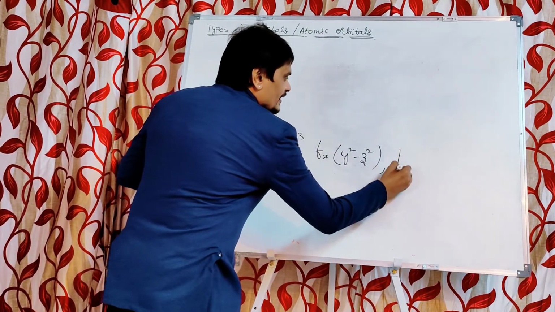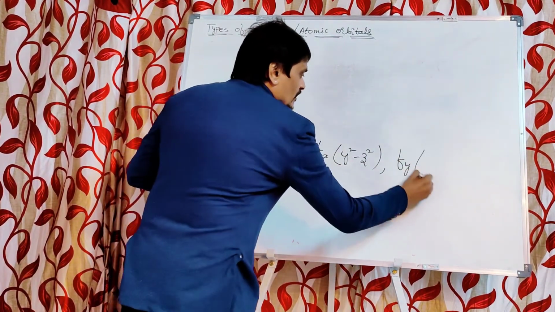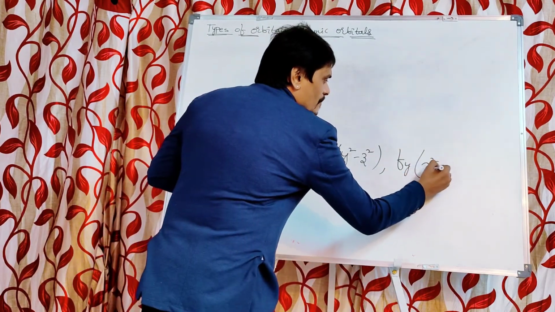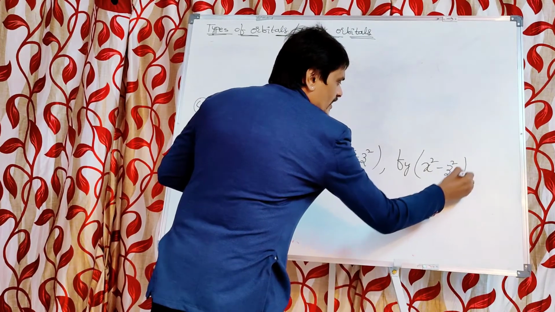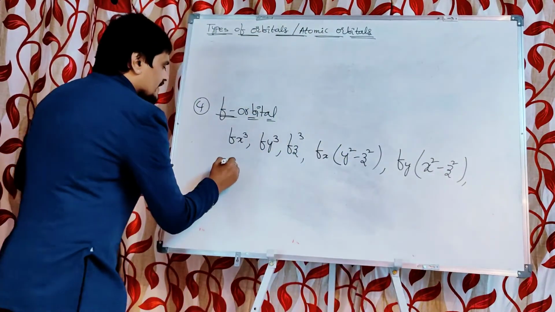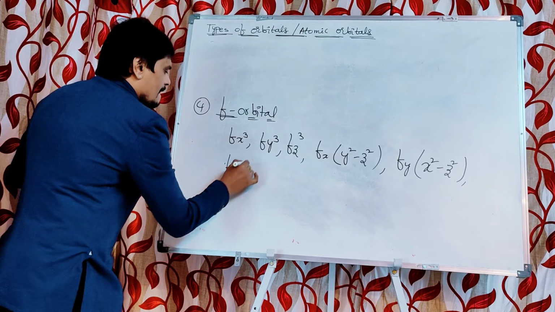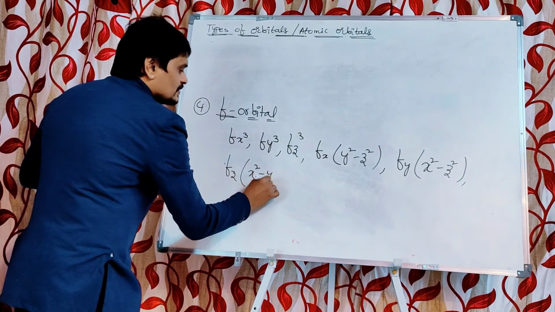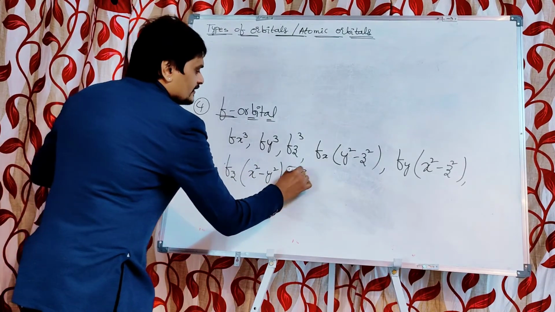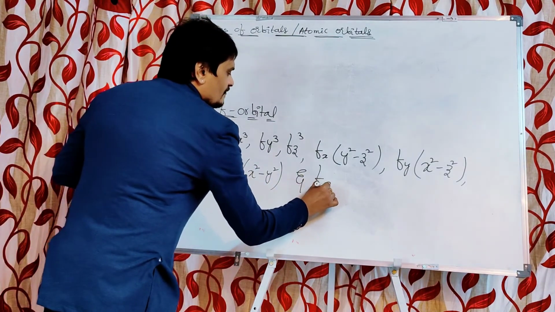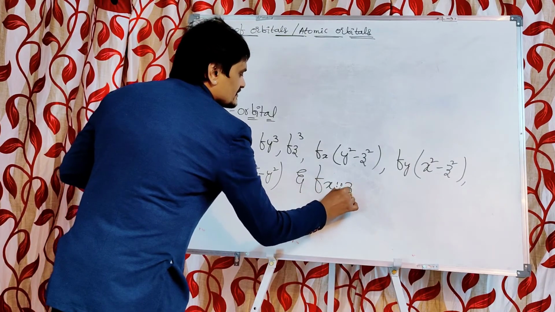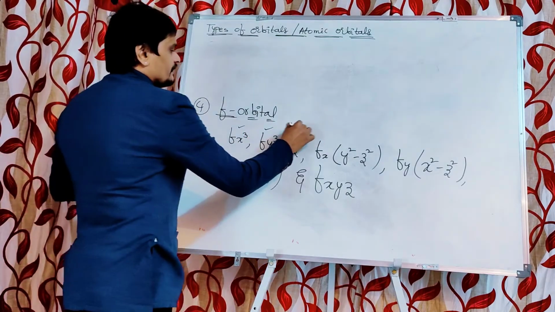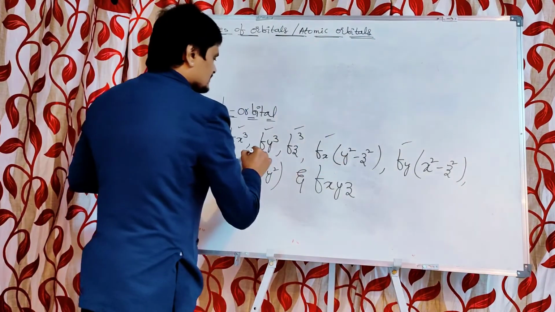Next, fy. What are the remaining? X square minus z square. Next z, fz. What are the remaining? X square minus y square. And the last one is fxyz. So 1, 2, 3, 4, 5, 6 and 7.